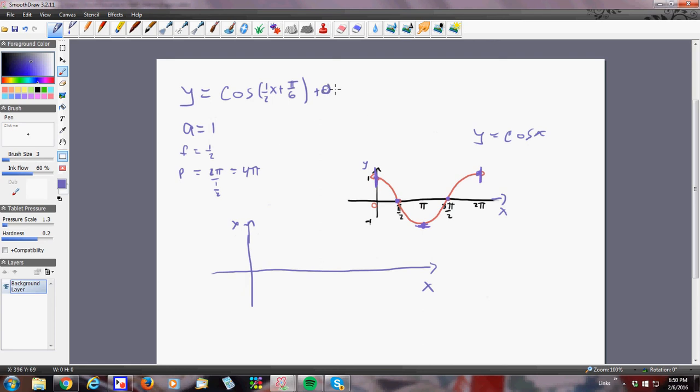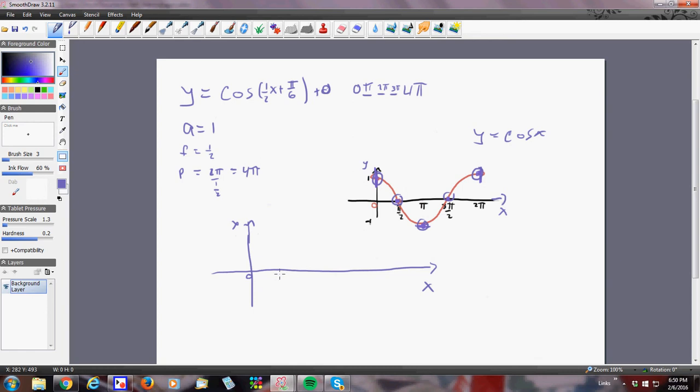Once you know that your period is 4 pi, in order to find the critical values, what I call my max value, my min value, and my intercepts, I start at 0, and I divide 4 pi by 4, and I get pi, and then I count 1 pi, 2 pi, 3 pi, 4 pi, and those are going to correspond to here.